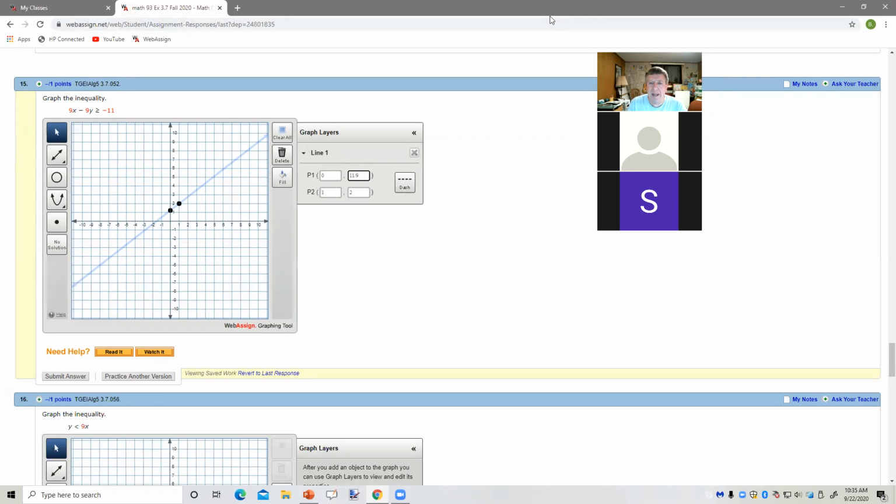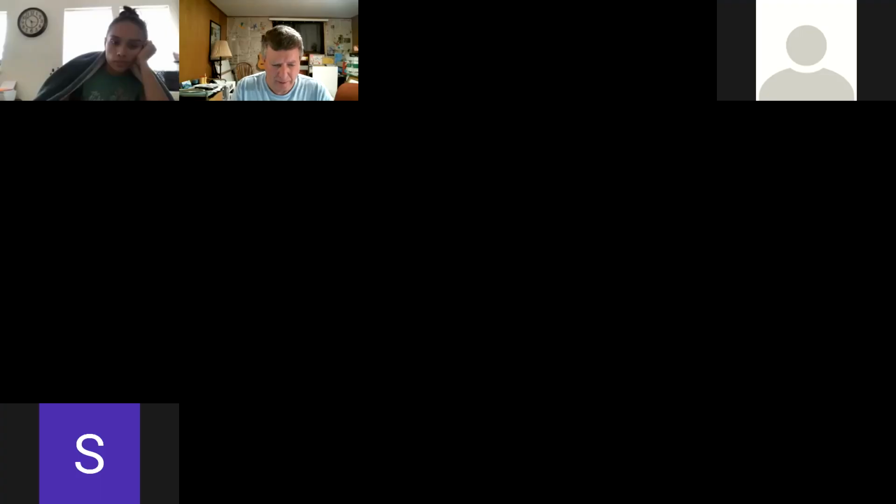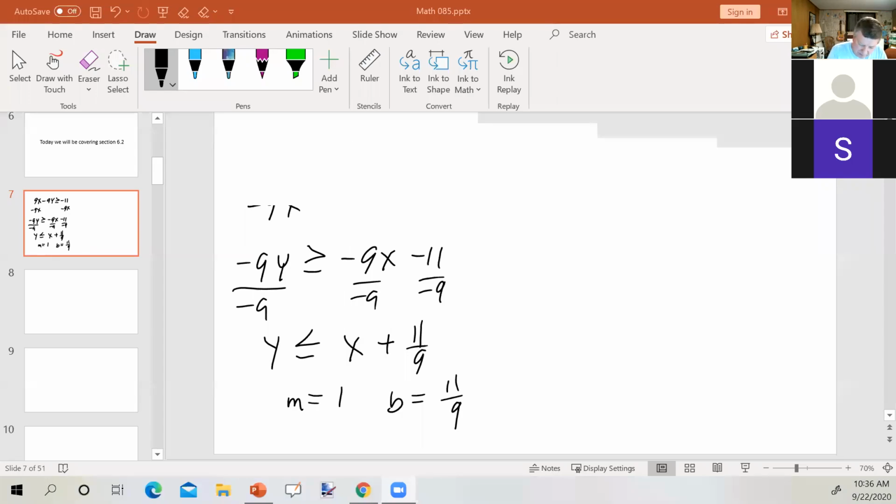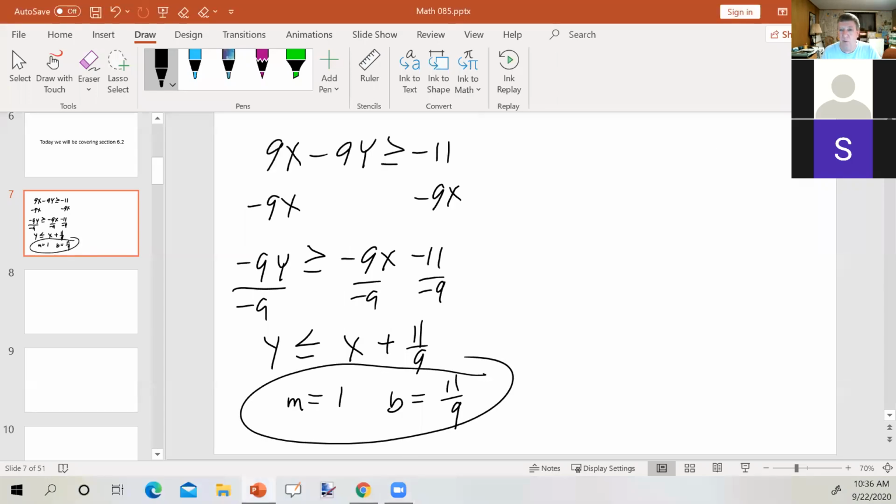So I'm going to go back to this screen. Okay, so you can see where I've got a slope of 1 and a y-intercept of 11/9. Okay, if I take y equals x plus 11/9, and x is 0, y is 11/9. What if x is 1?